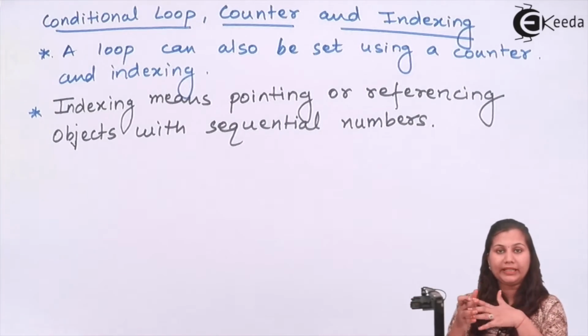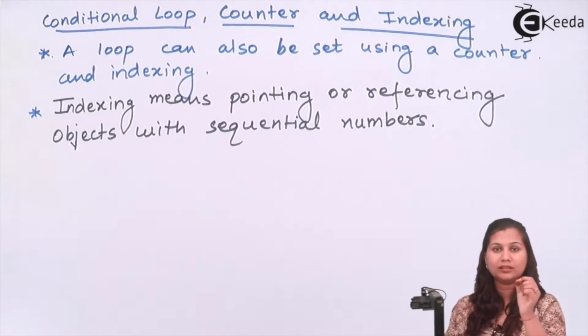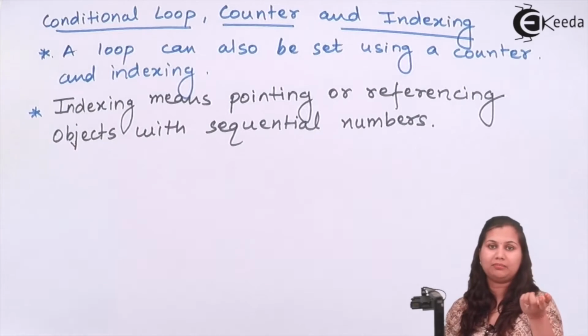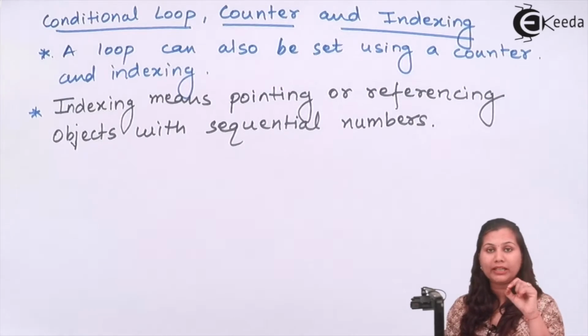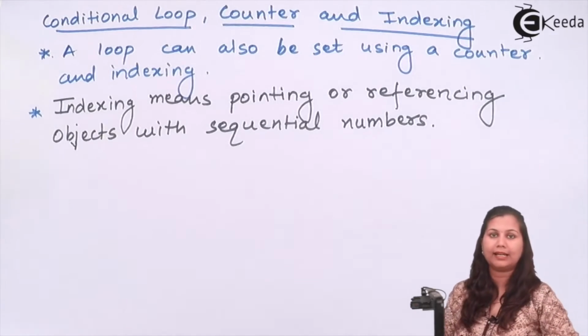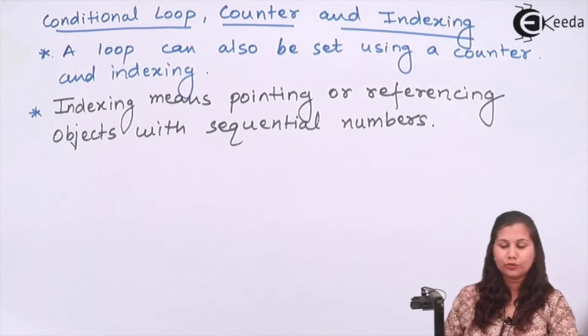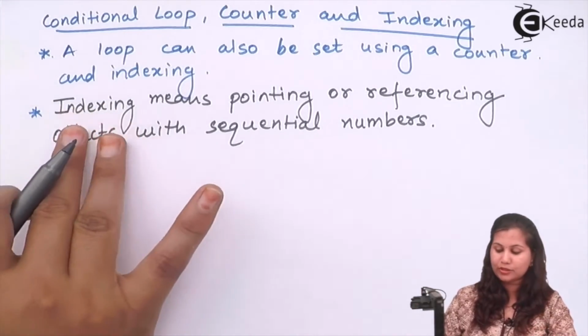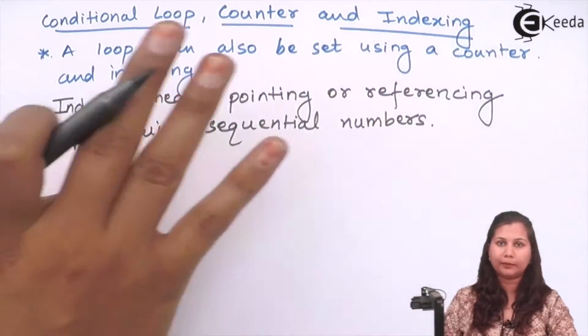We are pointing towards an object, or we can say a register or a memory in the microprocessor, using sequential numbers like 0, 1, 2, 3. So this was indexing, and indexing is used along with the counter to set up a loop.